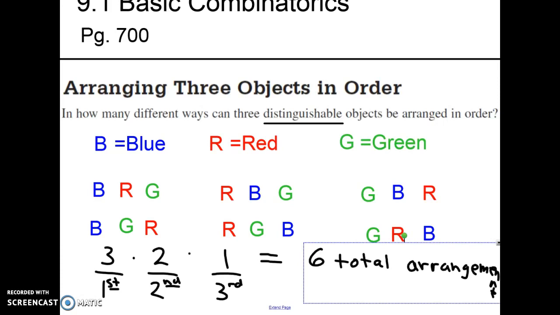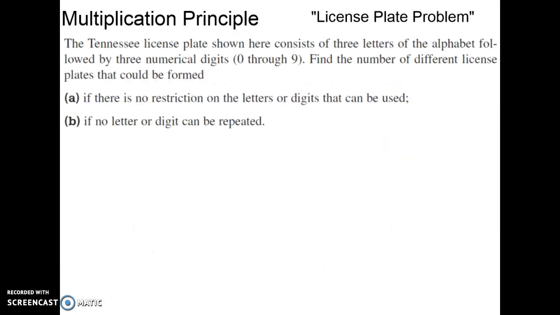So just by taking our 3 times 2 times 1, much faster going with that strategy, and that is what we call the multiplication principle. Multiplication principle is just taking the different scenarios and multiplying them out.